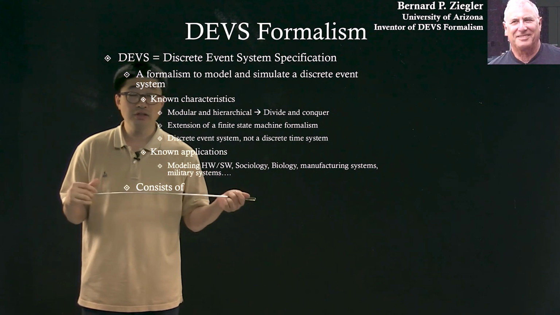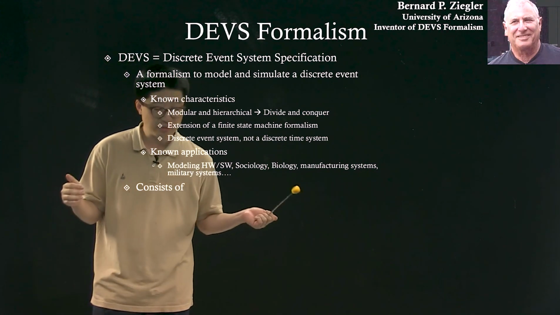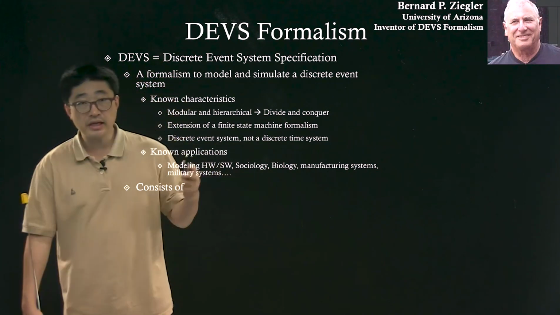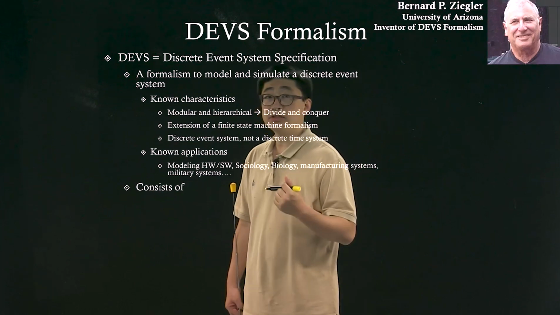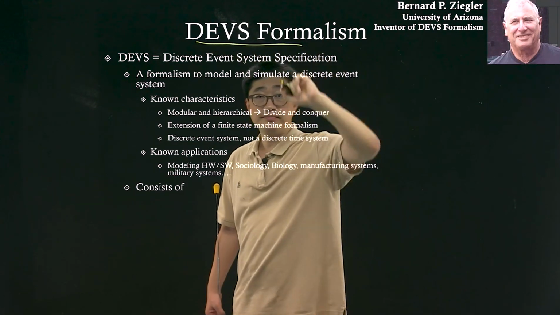So we discussed the infeasibility coming from the finite state machine and cellular automata. And there is one formalism that fills in such kind of insufficiency with internal state transition, named DEVS formalism. Okay?